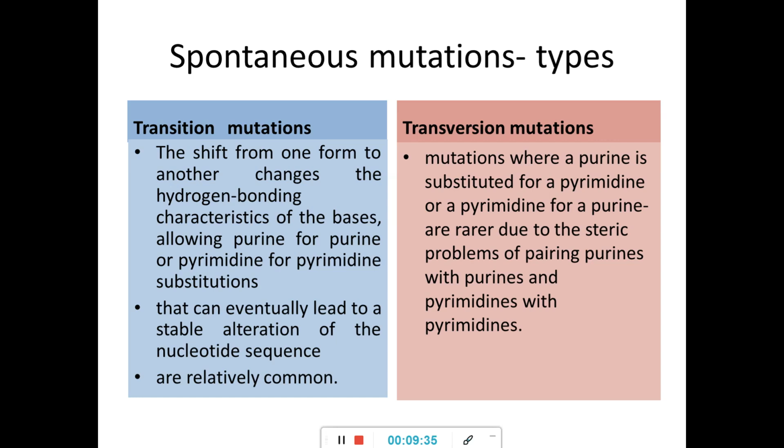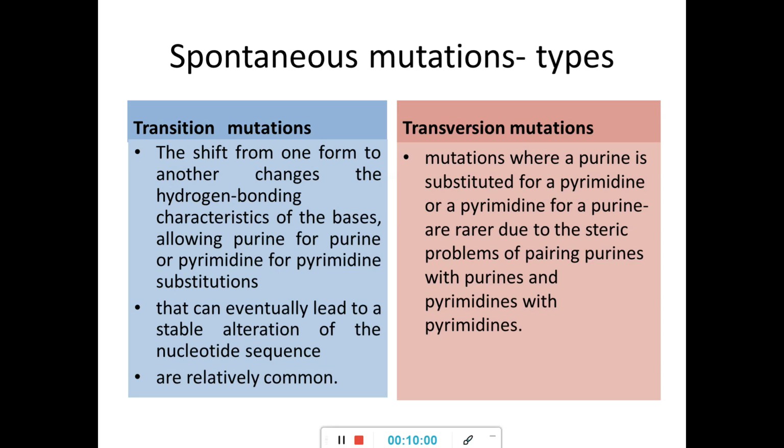Now, spontaneous mutations can be of two different types. You can classify them into transition mutations as well as transversion mutations. Now, what is a transition mutation? The shift from one form to another changes the hydrogen bonding characteristics of the bases, allowing one purine to be substituted for another purine or a pyrimidine for another pyrimidine.